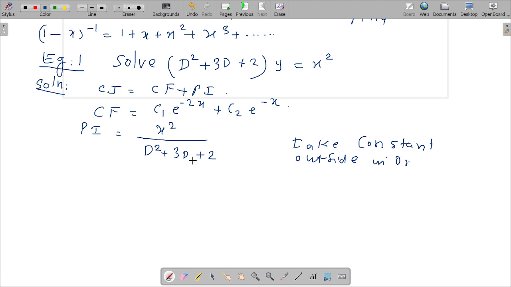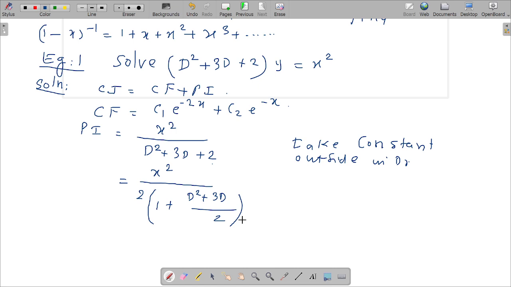So what is the constant here? 2 is the constant. x square divided by 2 into 1 plus (D square plus 3D) by 2. The last term is the constant term, take it outside.